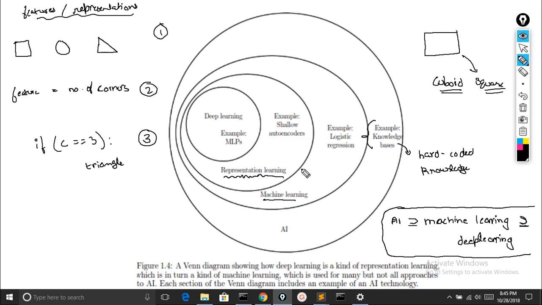Now if I provide it with 2D, 3D, and multidimensional shapes, and I train my model on it, it will automatically extract the features that can differentiate these shapes. That's what deep learning is, and here is an example, a multi-layer perceptron.